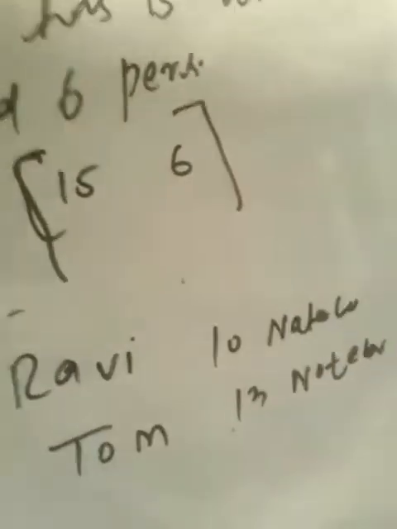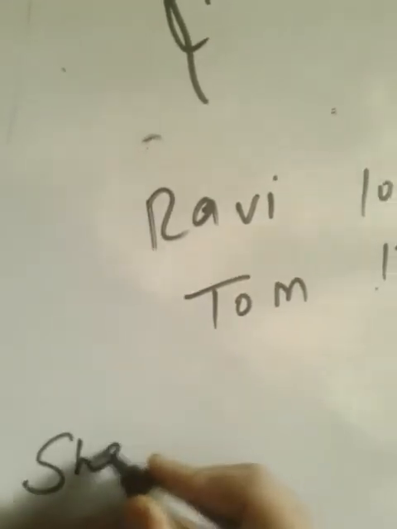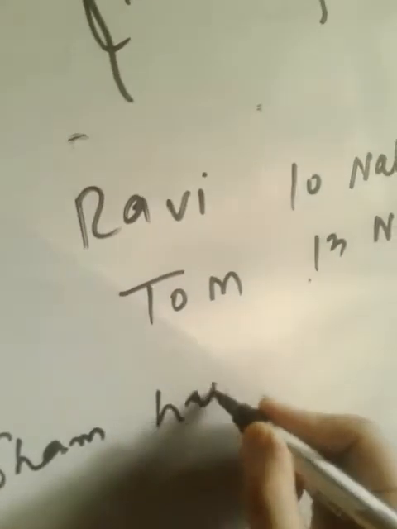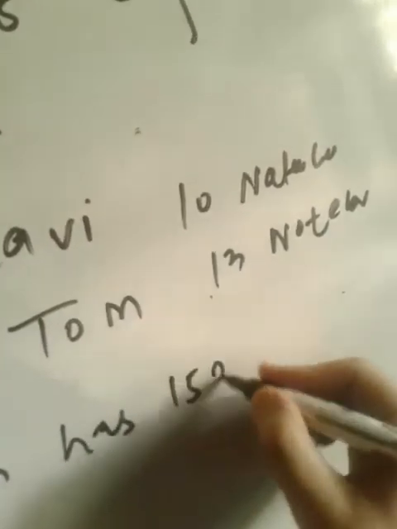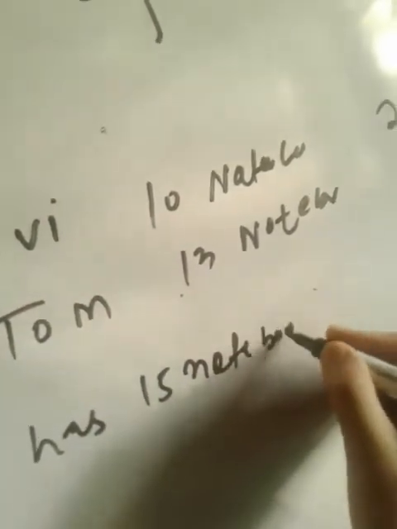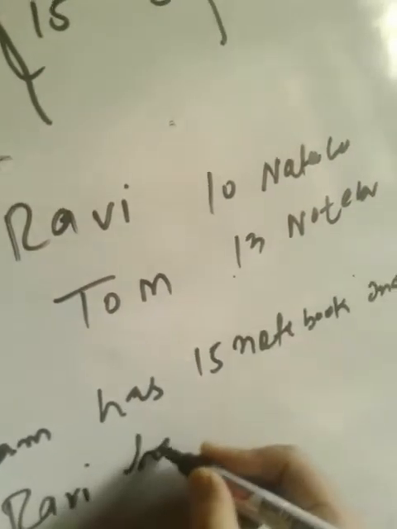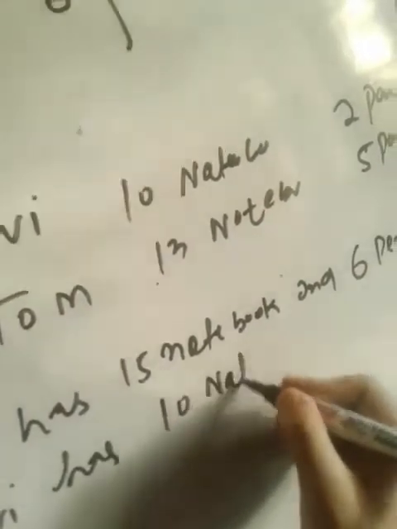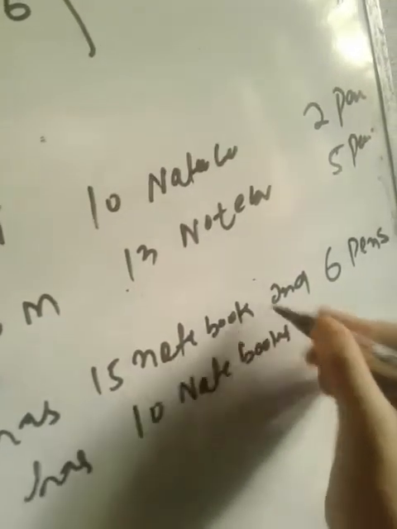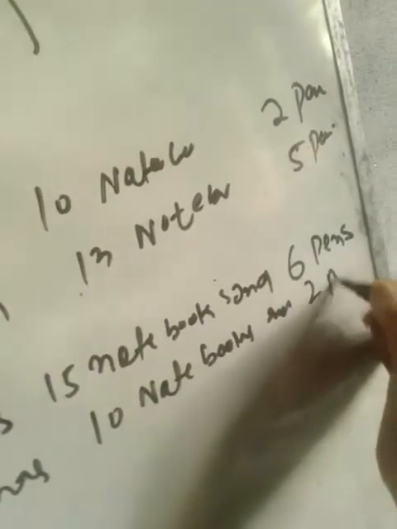So let us keep this information in one row. In one go, we write: Sham has 15 notebooks and 6 pens. Later we have another person, Ravi. Ravi has 10 notebooks and 2 pens.